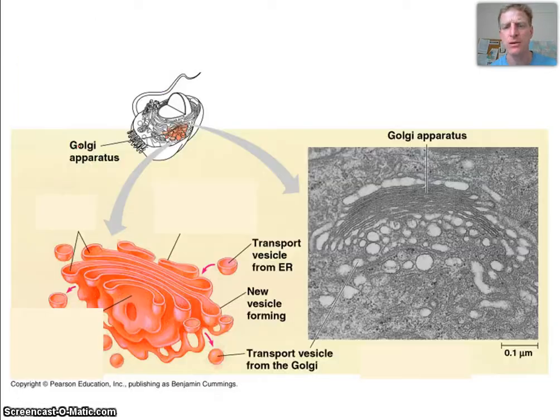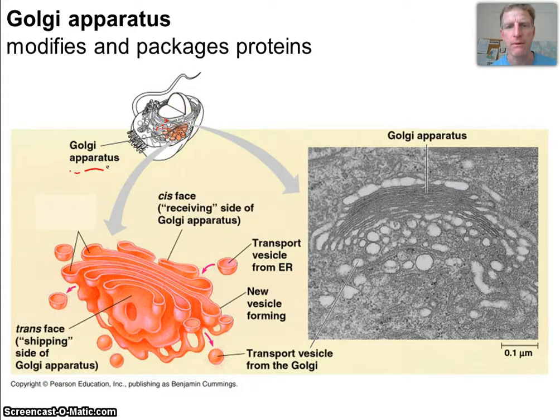Located just next to the endoplasmic reticulum, so here's the nucleus, here's our endoplasmic reticulum, is this structure called the Golgi apparatus, discovered by an Italian guy named Golgi, and this is the packaging center. We said that ribosomes are like the factories, and this is like the shipping center, UPS or FedEx.